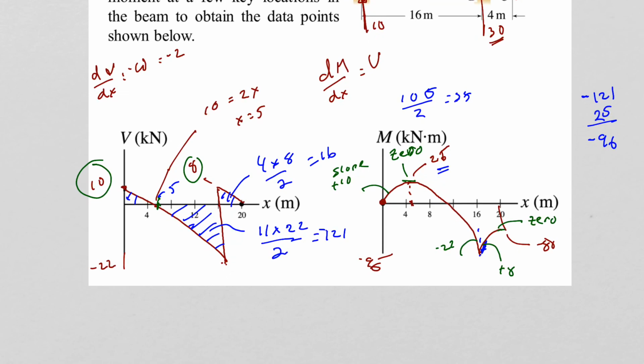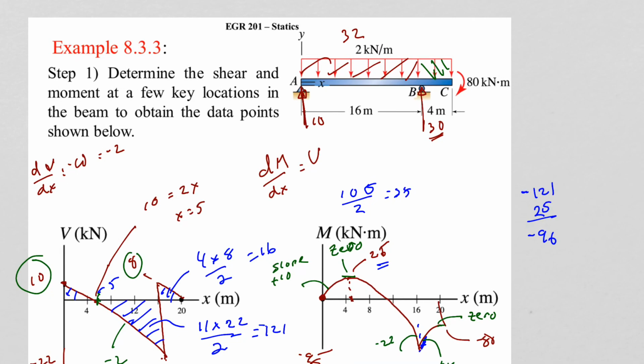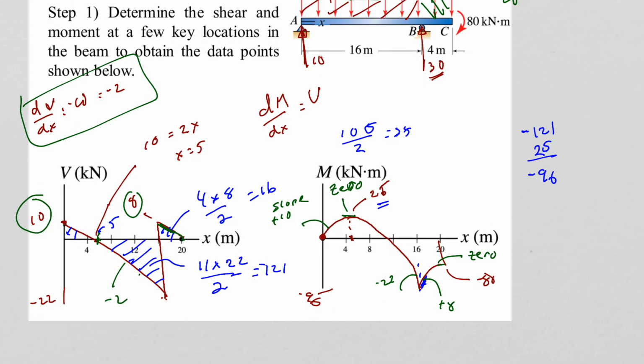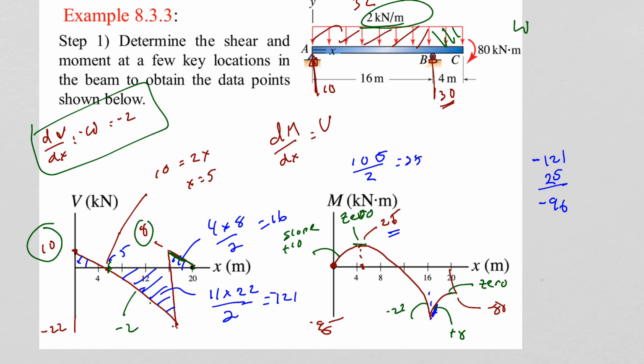Over here, we see it's constant all the way through, no matter what, on all of these, at a negative 2 based off of our distributed load. So our dV/dx is equal to a negative 2. So this is negative 2, and that slope is negative 2. So there we go. That's one way to solve this without having to draw or calculate any of the equations for the shear or moment diagram.